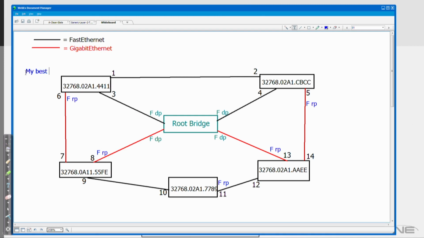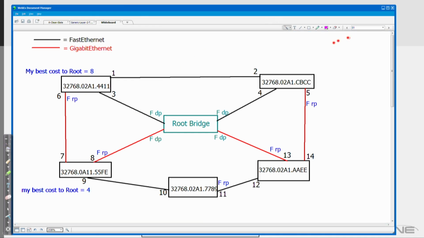My best cost to root equals 8. This guy says my best cost to root equals 4. So if these two are fighting it out, 55FE is going to win, and he will end up being the designated port. So he'll go forwarding as a designated port.